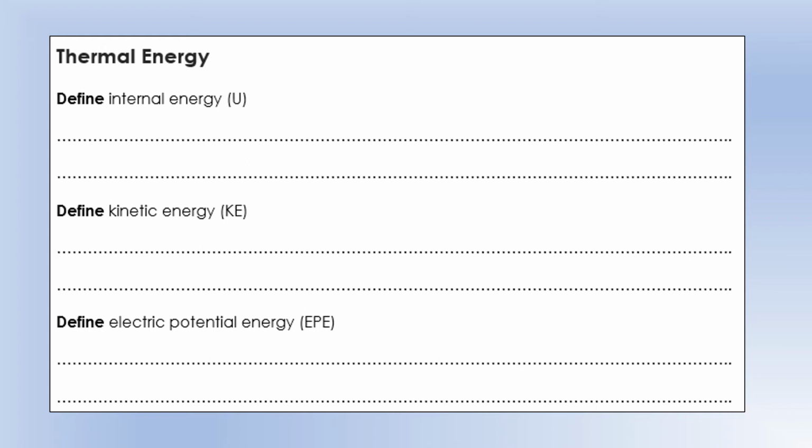Okay, so moving on to look at thermal energy in a bit more detail. First of all, we're going to define some terms that we've been using or will be using. We talk about the internal energy of a material, which is the sum of a system's kinetic and potential energy. So we take the kinetic and potential energy of every molecule and we add them all up, and that gives us internal energy.